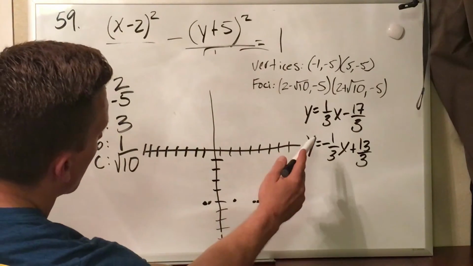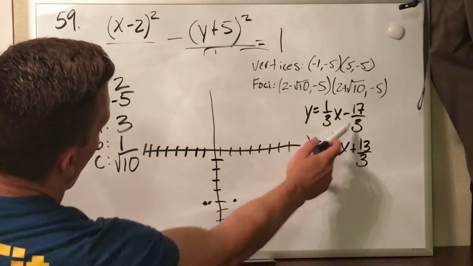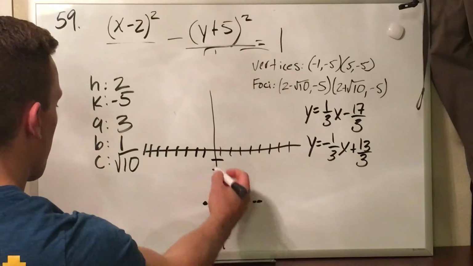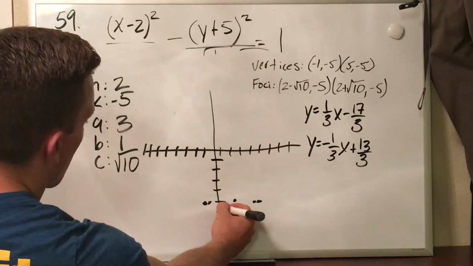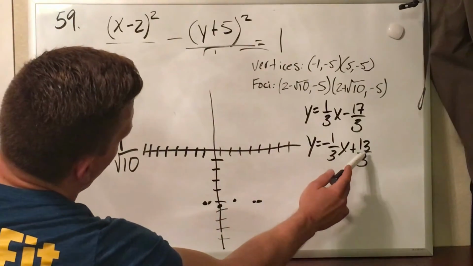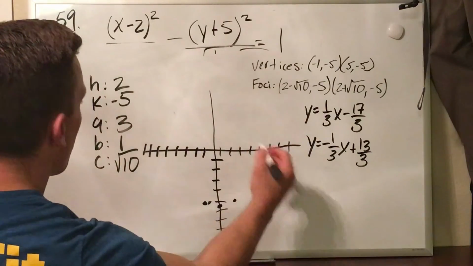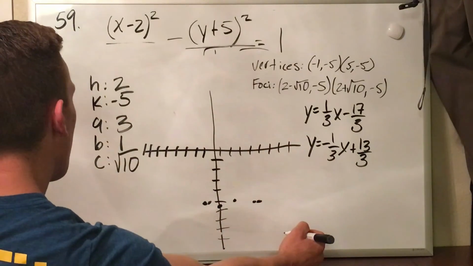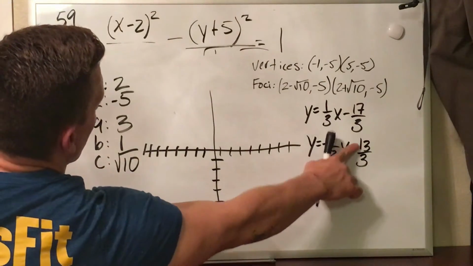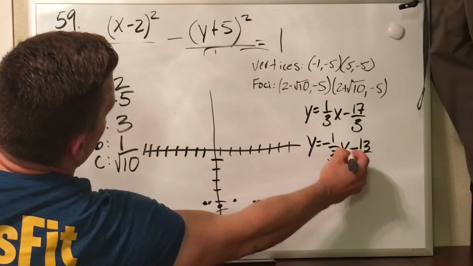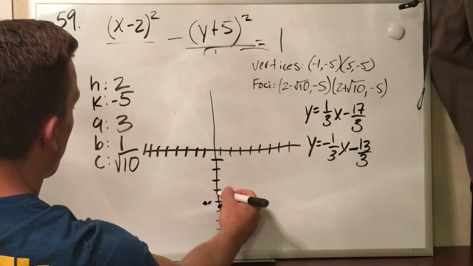Alright. For the y-intercepts, 13/3 gives you just over 4 here, and the other is just over negative 5. Sorry, my signs were wrong, because that was a negative 5. So just over 4.